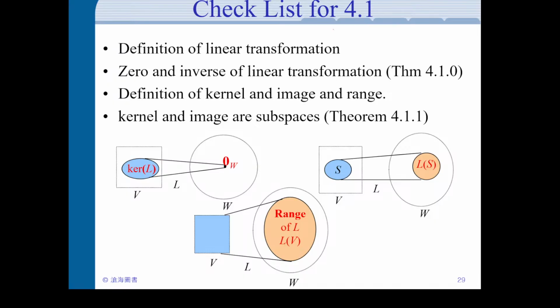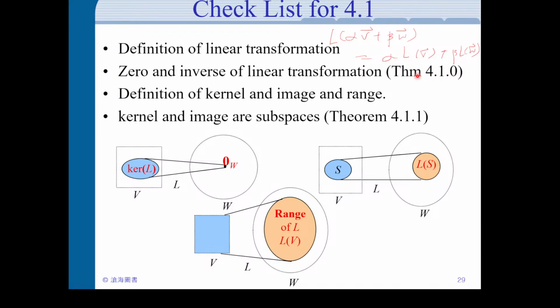So let's write it once again here. L of alpha v plus beta w equals alpha L of v plus beta L of w. Okay, so doing linear combination first and then transformation equals doing transformation first, then doing linear combination.